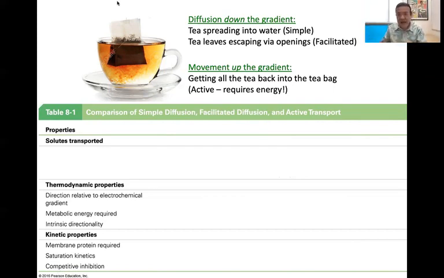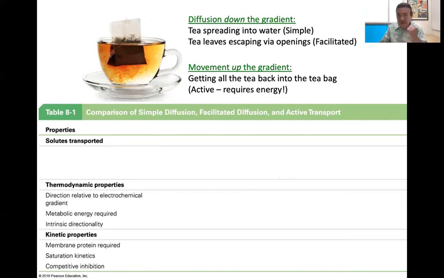So if you think about a tea bag in hot water, the small molecules, like the different tannins and things like that in the tea that give tea its color and its flavor, can simply diffuse right through the paper of the tea bag. The tea leaves, on the other hand, are too big to flow through the paper.